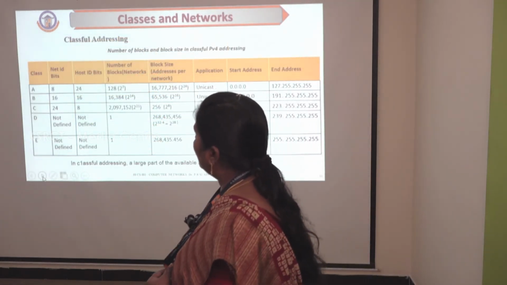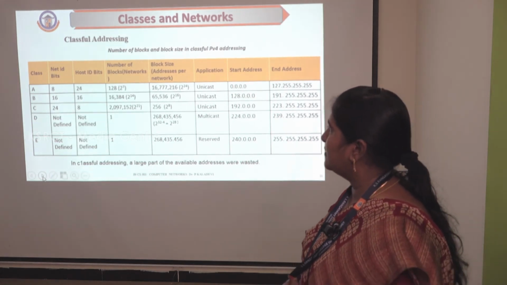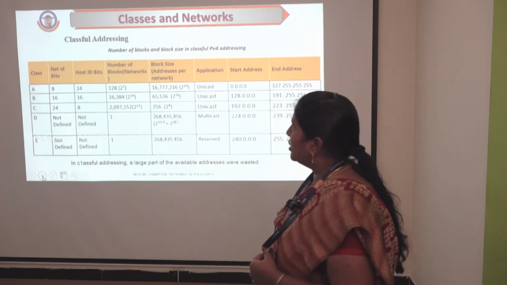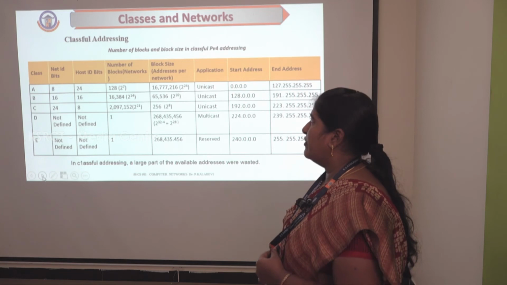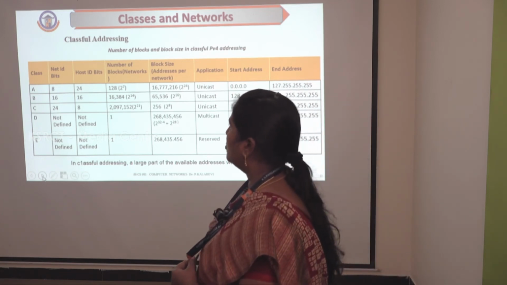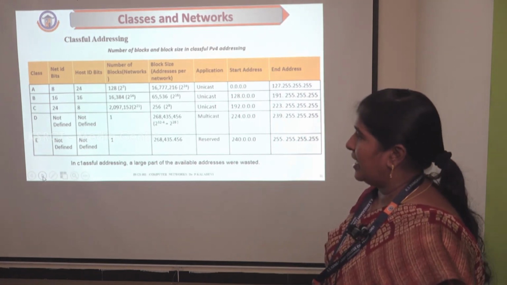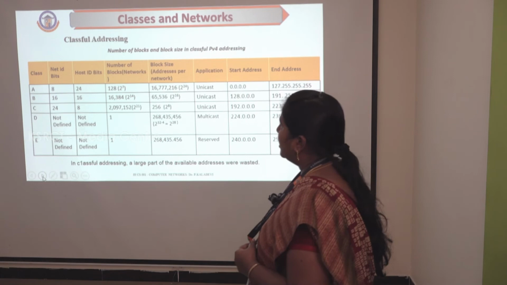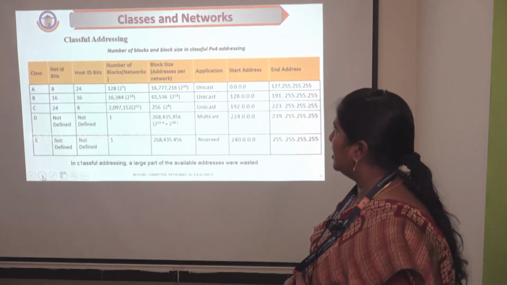In classful addressing, class A uses 8 bits as network bits and 24 bits as host bits. So in class A, we can create 128 networks and connect 2^24 hosts in a class A network.